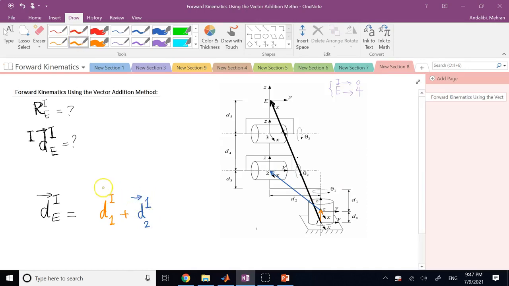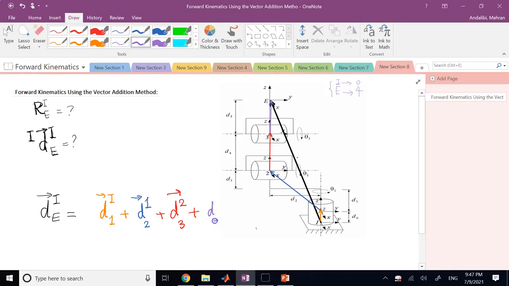Agreed? And then the next one will be going from origin of 2 to origin of 3. So something like this, which you can call d of 3 with respect to 2. And finally, you can bring in the last one, which goes from origin of 3 to origin of 4, like that.